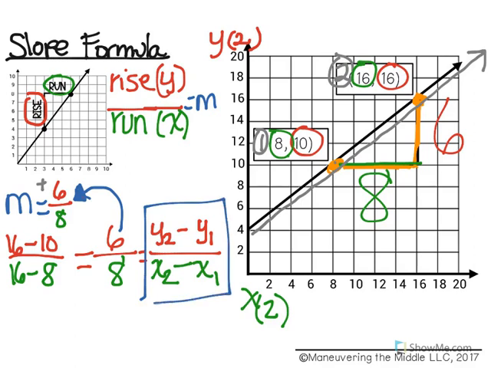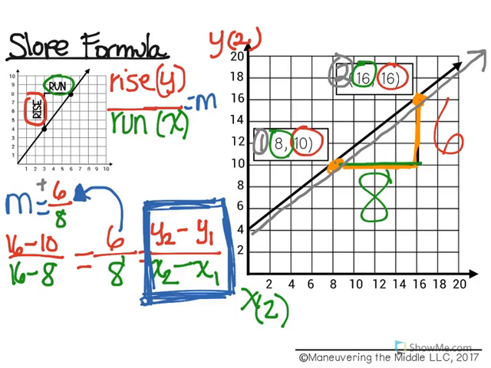This is your formula. You will use this formula anytime to find slope. It will work for all situations, even graphs, tables, equations. You can use that formula to help you.